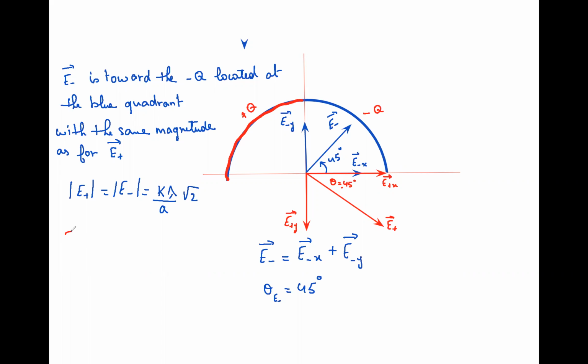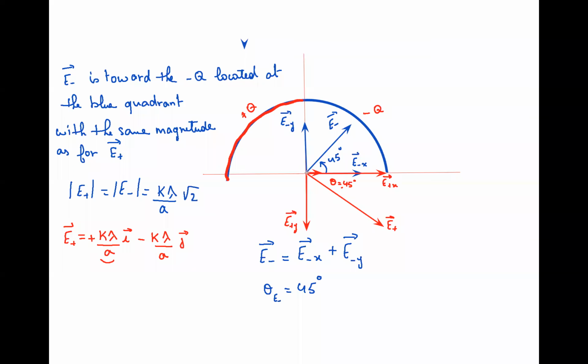Before we calculated E positive equal to K lambda divided by A I minus K lambda, no, A divided by A J. You know that this value is in the positive I direction.